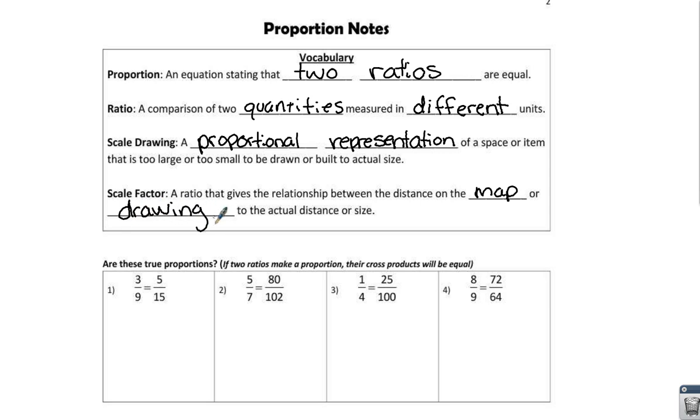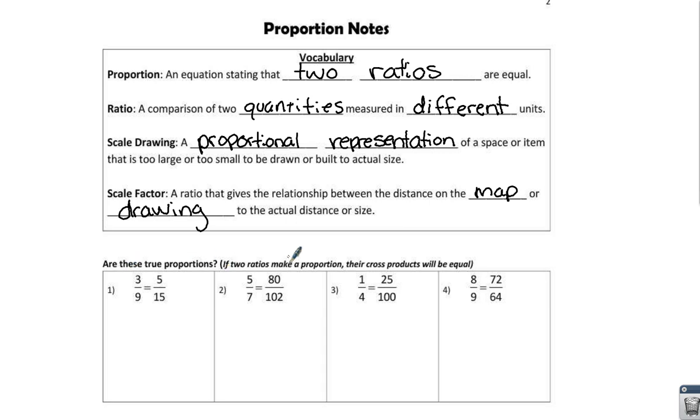So when you draw a map, you can't draw it the size of the actual location. So they're using the scale factor to make the whole thing smaller so we can actually see it on a map. So down here we need to decide, are these true proportions?